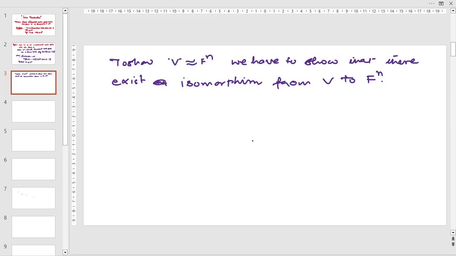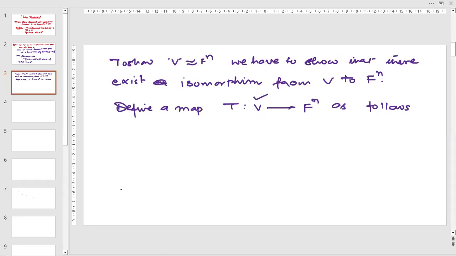Define a map T from V to Fn as follows. Now we will define the map. So we will take x in this domain.